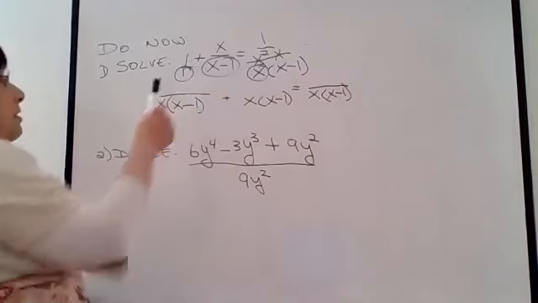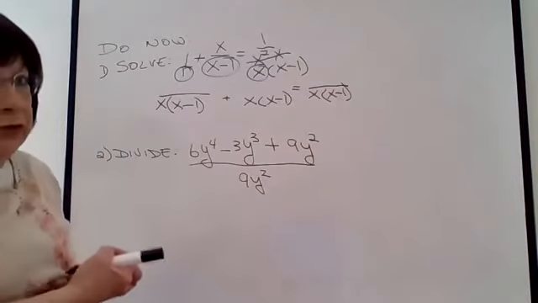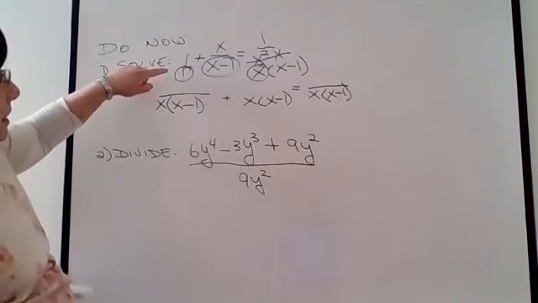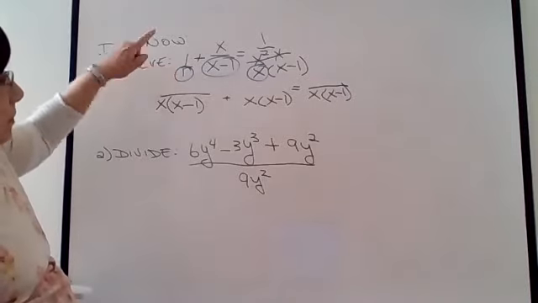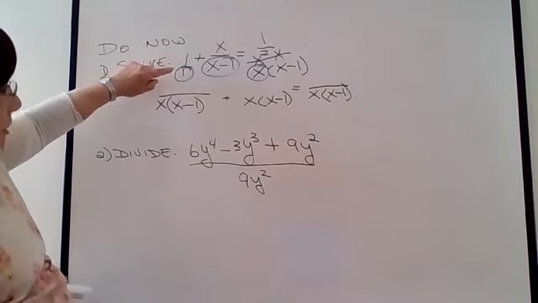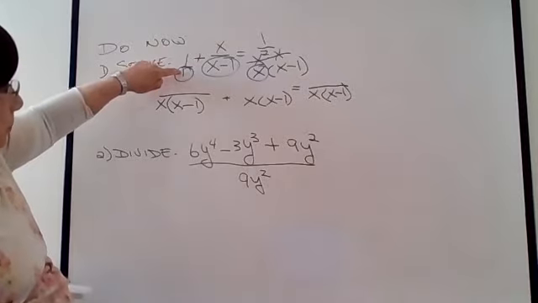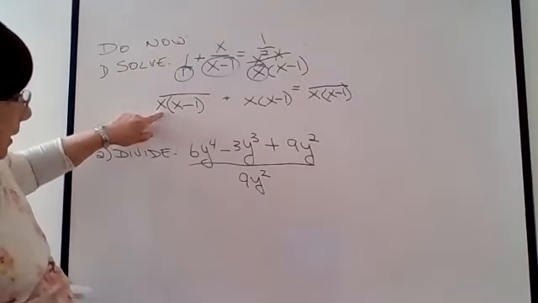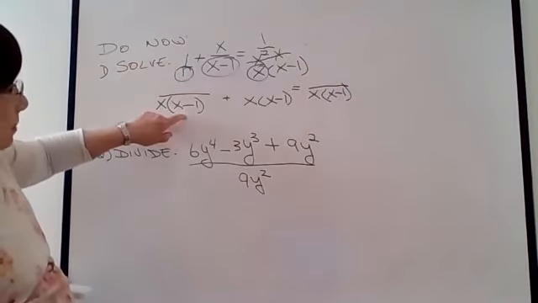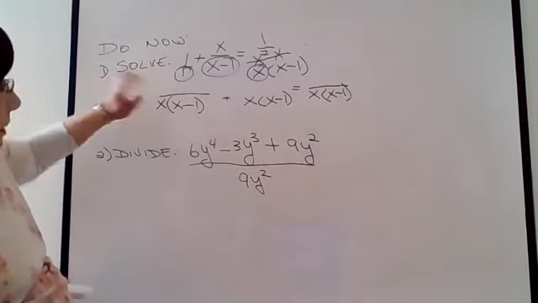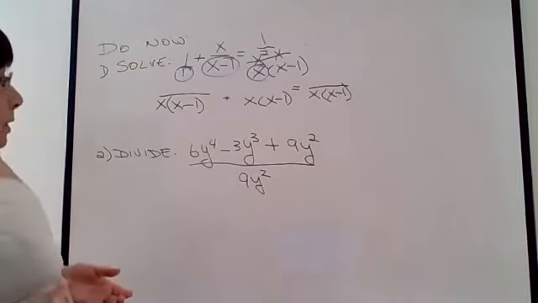Okay, so those are the different factors that I'm seeing, so that makes the common denominator. Now I have to rename the numerators. I look at my first fraction, and I don't have an x, and I don't have an x minus 1 on either of those.